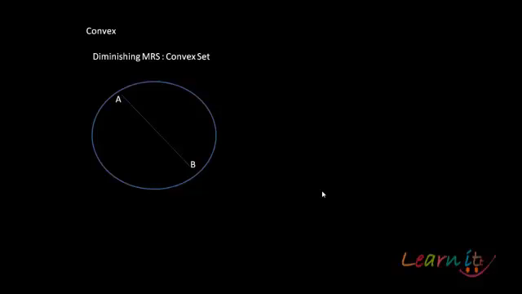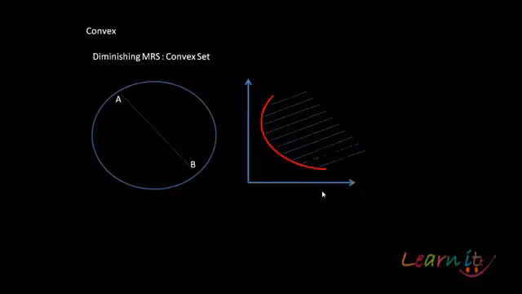Now, in case you actually draw the combinations of x and y which are giving equal satisfaction to a consumer, then you will get what you call an indifference curve. Now, for any particular point on that indifference curve, if you start shading the preferred region, that would lie somewhere to the northeast.